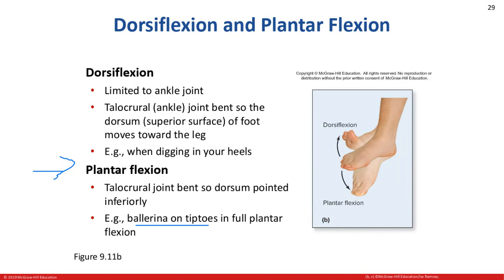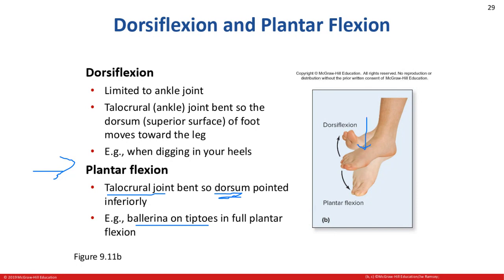That's plantar flexion. We'll talk about these joints here, if we have time, when we do lab. The talocrural joint is actually just your ankle joint. So what the heck is the dorsum? The dorsum is the top of your foot. That's this thing right here.